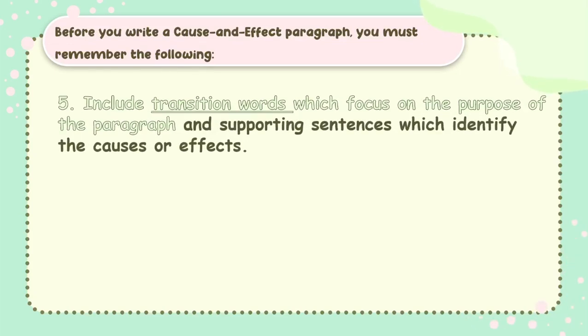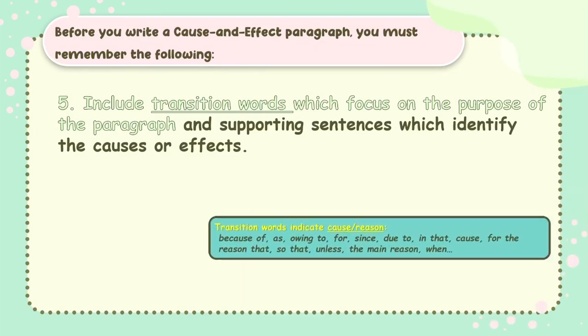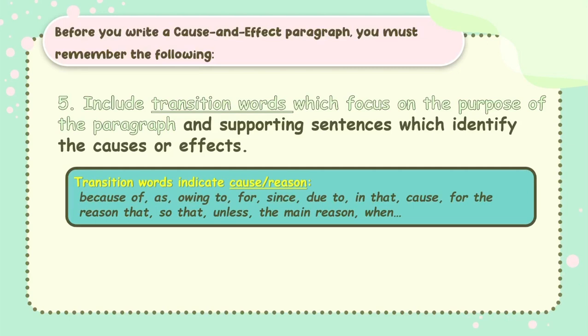The fifth and last thing to remember when writing cause and effect paragraph is to include transition words which focus on the purpose of the paragraph and supporting sentences which identify the causes or effects. And we have the transition words.